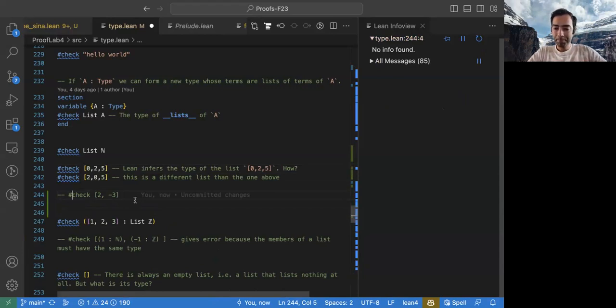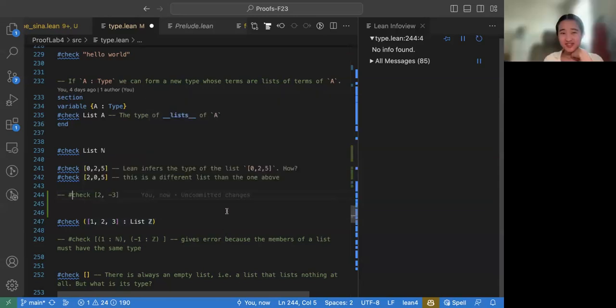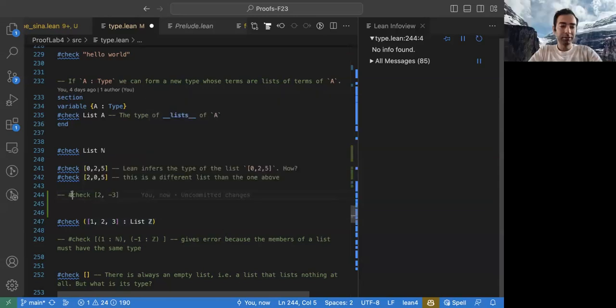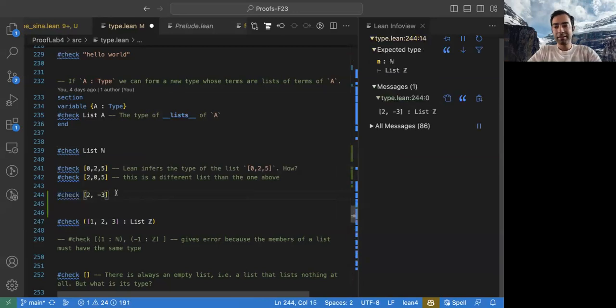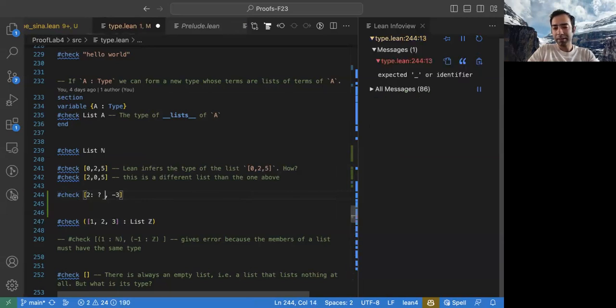Yep. Any idea? Integers? List of integers? I think so. Great. Because there's casting going on, right? So this first one Lean puts a question mark. Okay, maybe it's a natural number or maybe not. I don't know yet. This one it knows is an integer.